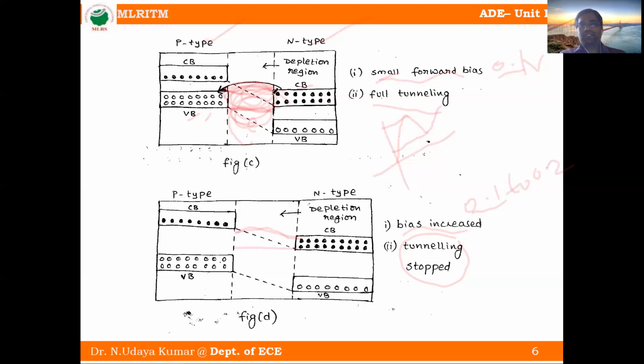Instead of crossing the junction, these electrons penetrate. This phenomenon we call tunneling. Here full tunneling occurs, that's why current increases up to the peak point. Here tunneling is stopped, so current decreases. So this is the characteristics of the tunnel diode using the energy band diagram.